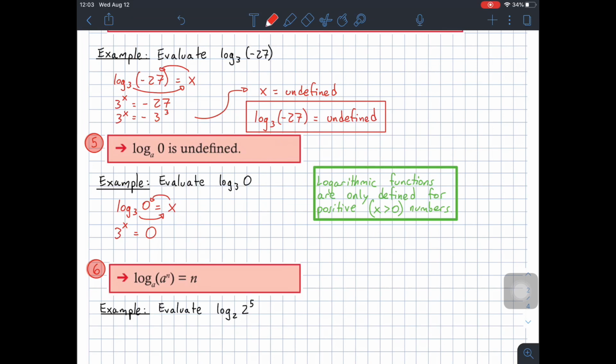So since there is no value for that, we just conclude that x, again, is undefined. And that means that log base 3 of 0 is undefined.